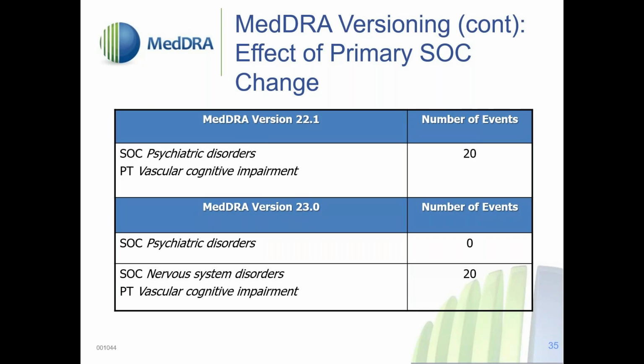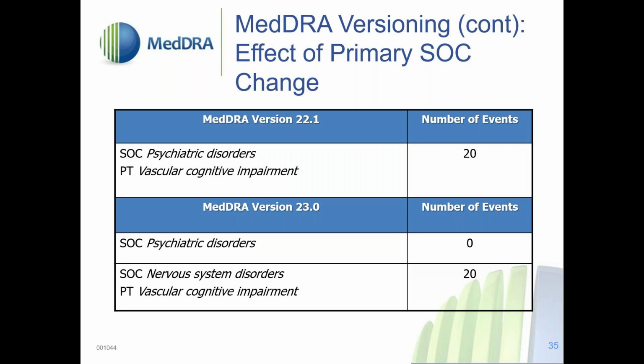And then this might first cause you some concern, but if you look at the MedDRA version changes, you see that a PT, vascular cognitive impairment, which has a clear link to the nervous system disorders, not so much to the psychiatric, changed its primary SOC linkage from the psychiatric disorders to the nervous system disorders.